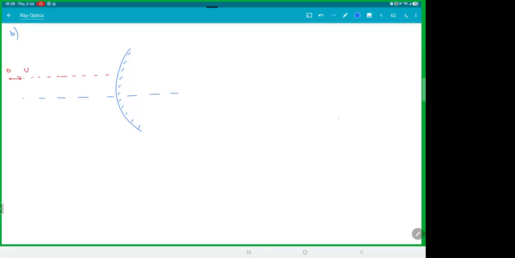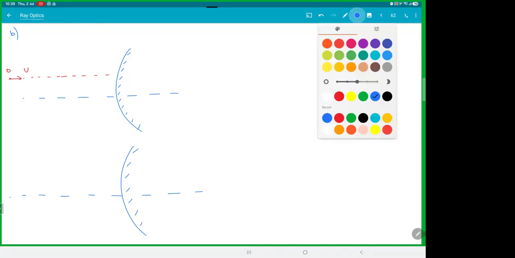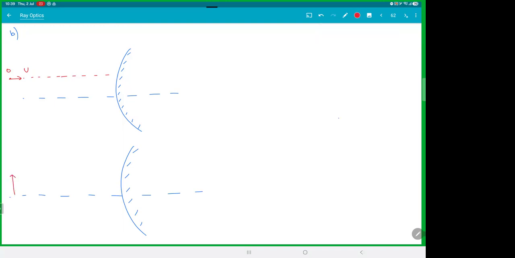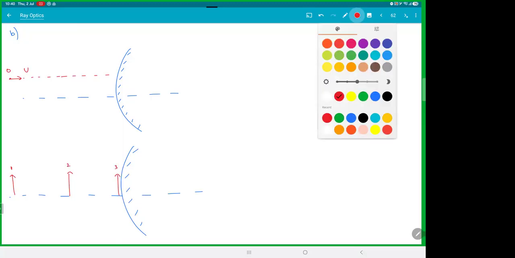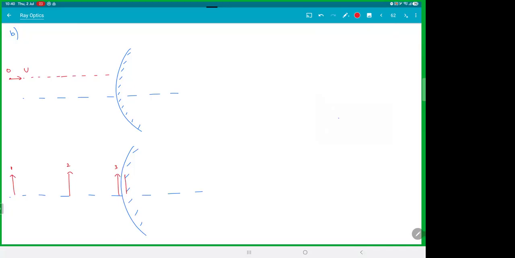Let's see. So again, same story, but luckily here you don't need to put so many arrows. You're at infinity, you're anywhere here, you're at the pole, you're done. That's it. There are only 3 arrows. So if you're at infinity, it's 1, 2, 3. The 3 will be at the pole only.